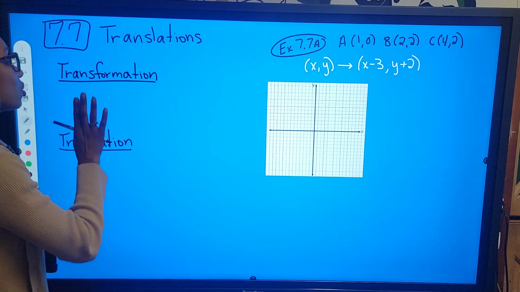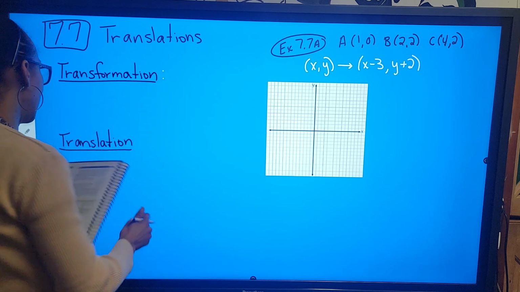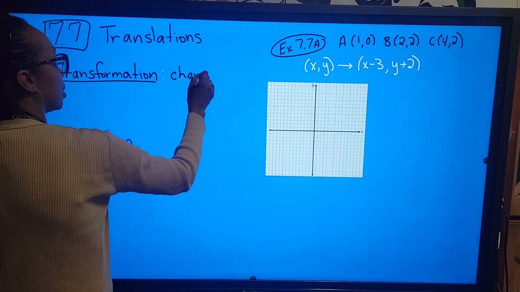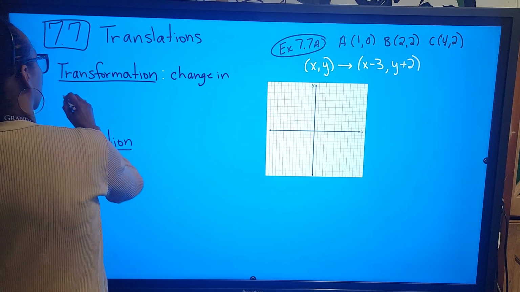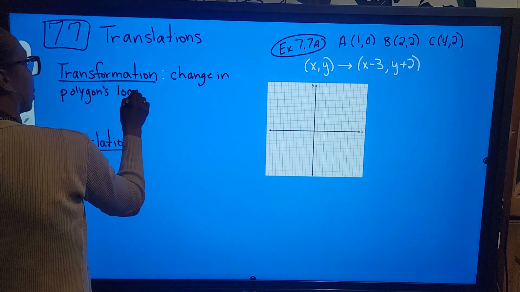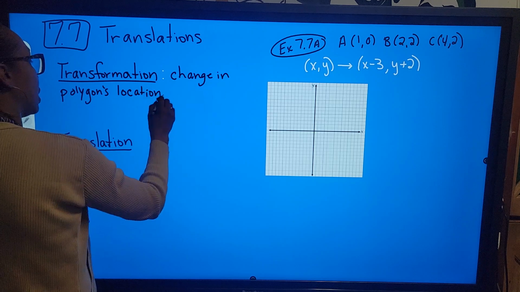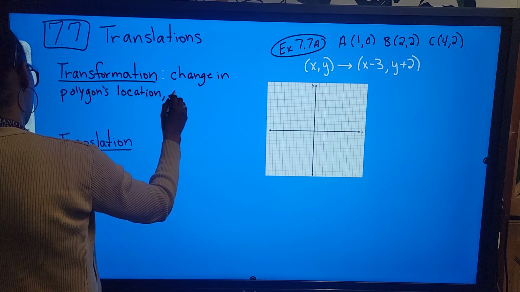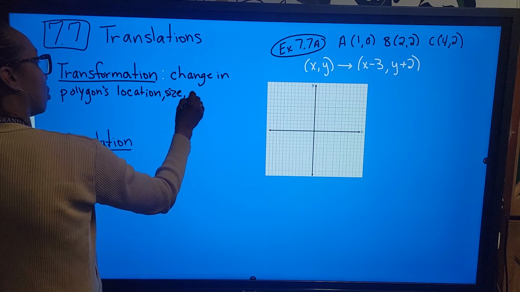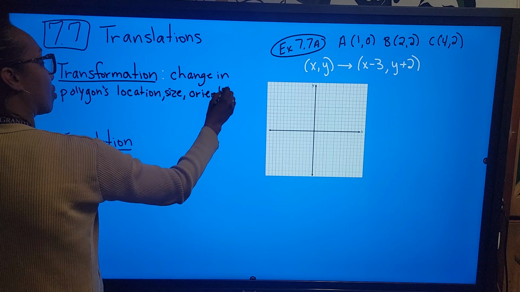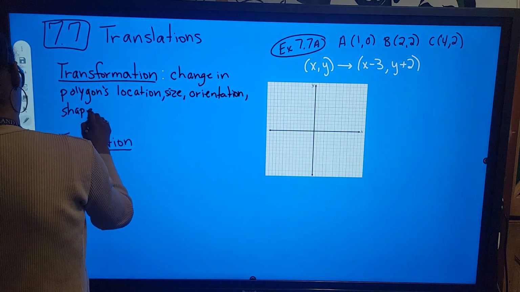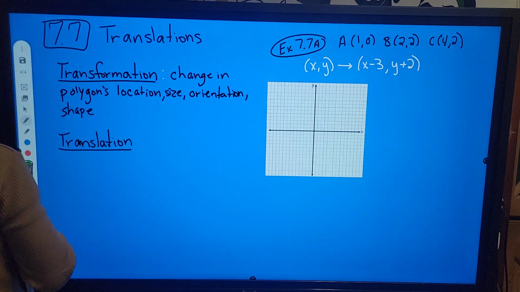So let's go back. First off, a transformation is anytime you are changing a polygon's location, a change in a polygon's location, size, orientation, shape, okay?